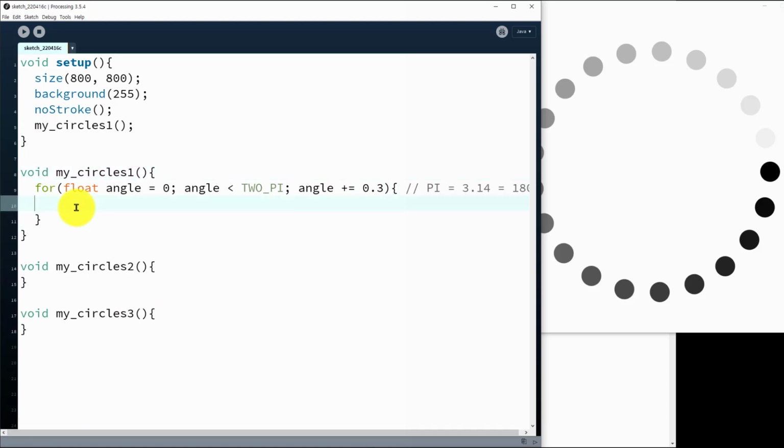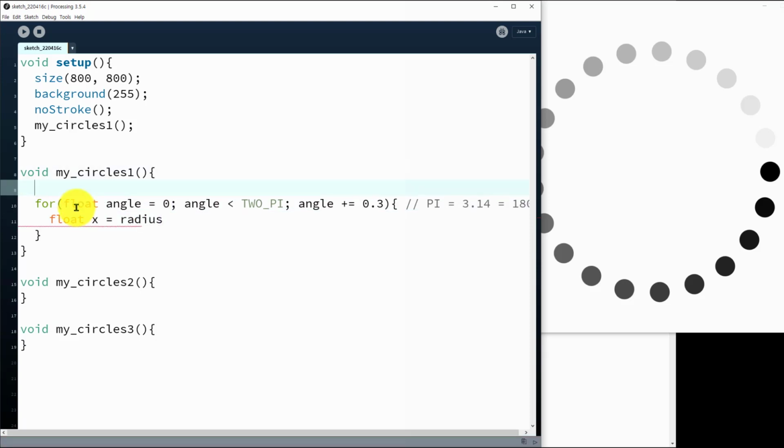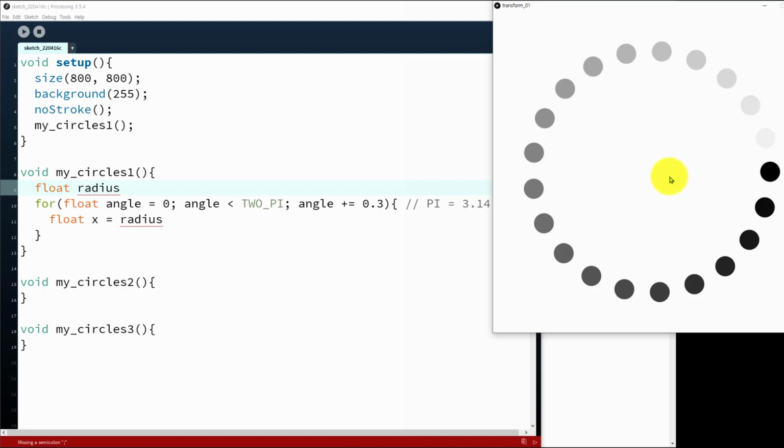So what do we have to do? We have to find the center x and center y of the small circle. Let's declare a variable x. X will be, as I told you, radius. So what's the radius? I'm going to declare the radius variable. This radius is from here to here, right?